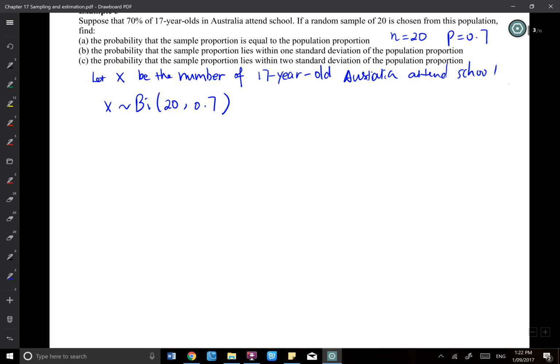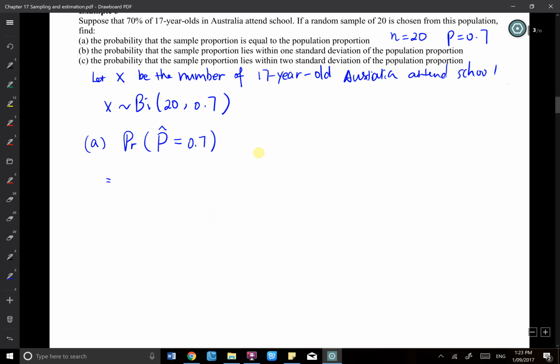Part A is asking us to find the probability that the sample proportion equals the true population proportion. So I'll say the probability of P hat equals P. What is P? P is 0.7. I want the 20 people I select to give me exactly the true proportion, which is 0.7. So that's what I'm trying to find.